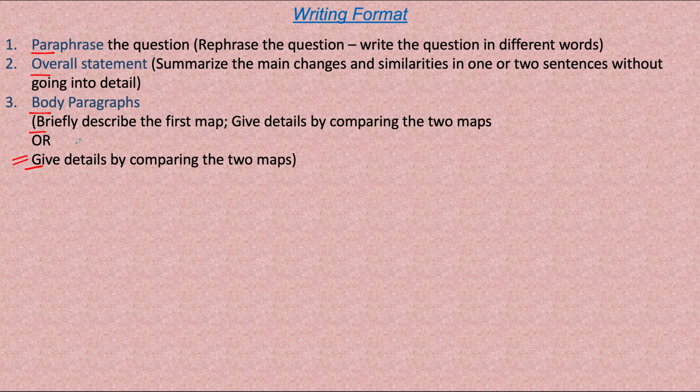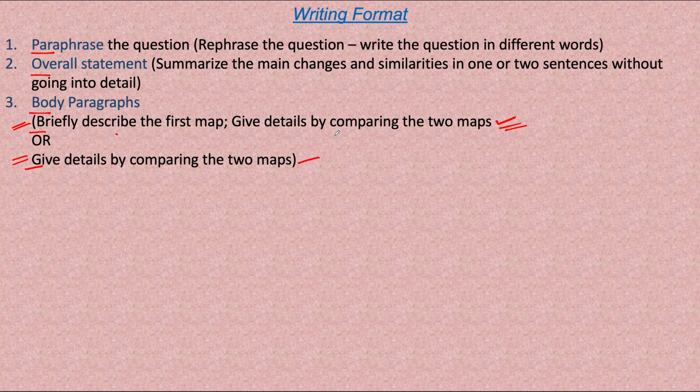Another way to write this is that you first briefly describe one map, then you start giving the details of similarities and differences. This method helps to establish a baseline. It gives you a starting point. We will be following this approach for the writing we do in this video.